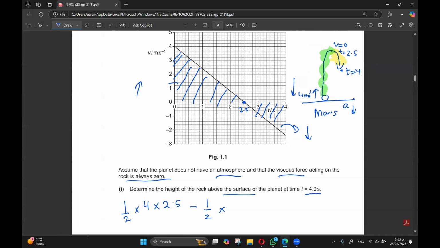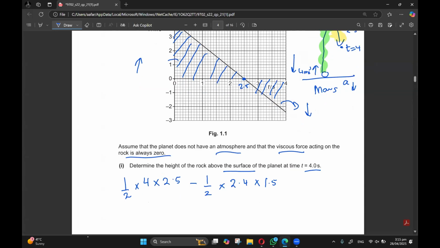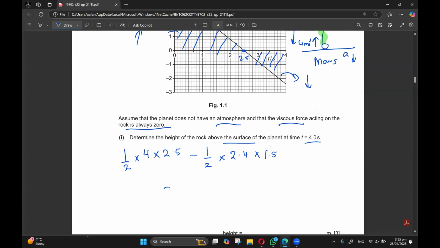So it's basically 2.4. You can ignore the sign over here, we don't need the sign. Into this is 1.5. So the height at that point is basically 3.2 meters.